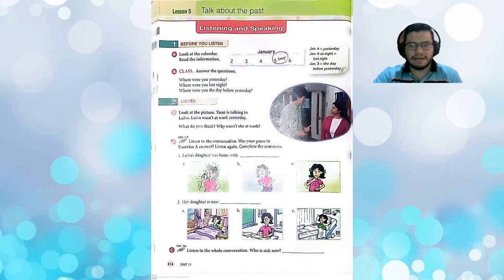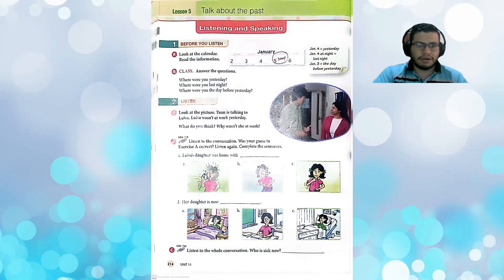February 8th. Ayer era February 7th. Y antes de ayer era February 6th. Entonces, ¿cómo diríamos eso? Yesterday was February 7th. Today is February 8th. Hoy es 8 de febrero. Ayer fue 7 de febrero. And the day before yesterday, el día antes de ayer, it was February 6th.